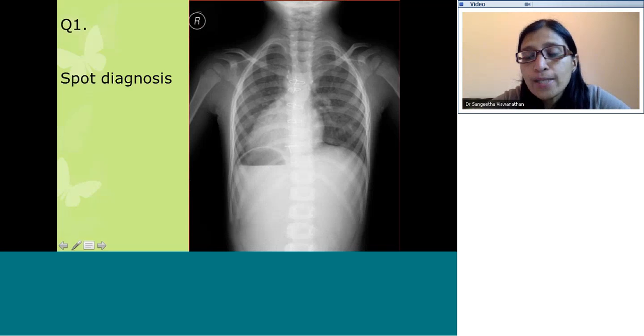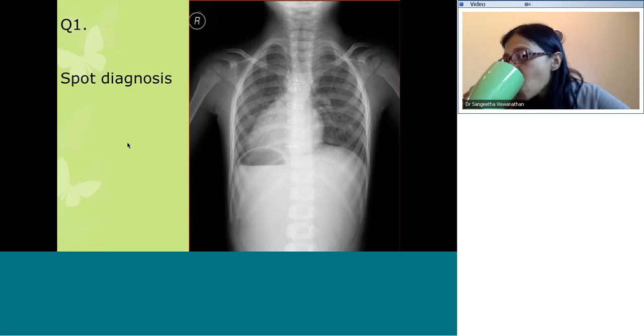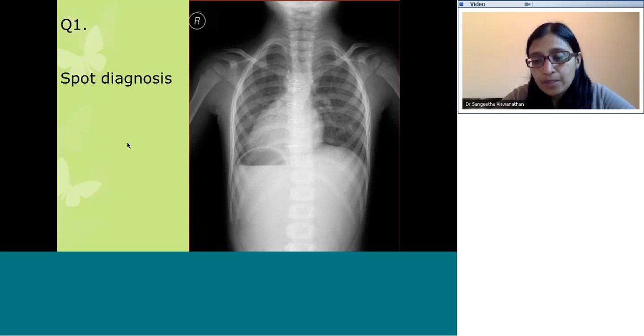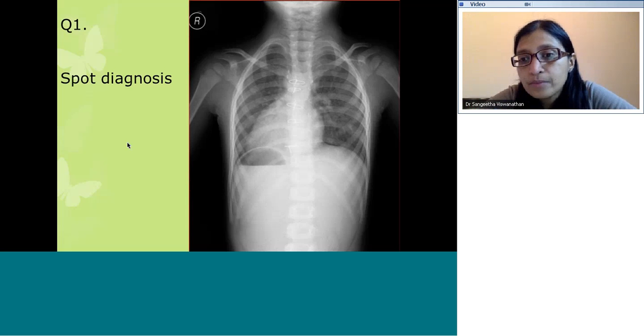So what is the incidence of dextrocardia in the general population? Is it 10%, 30%, 1%?